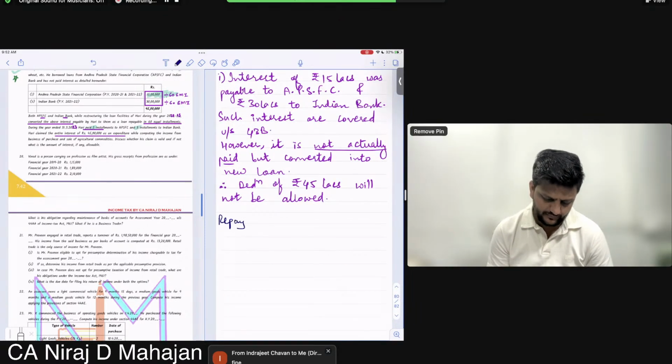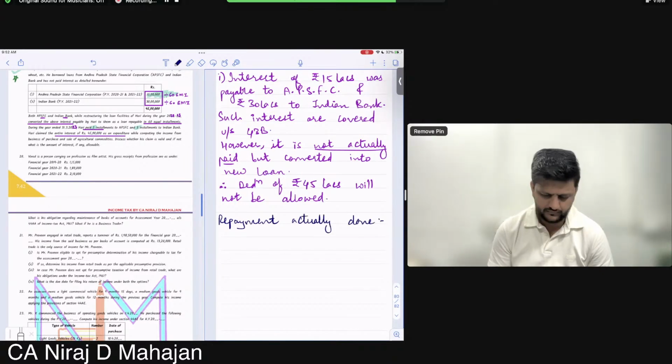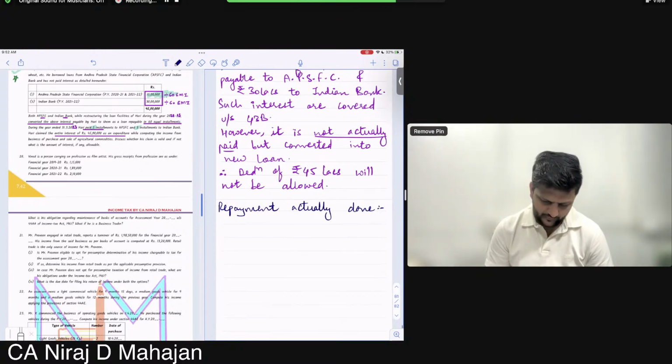Repayment actually done. First, Andhra Pradesh State Financial Corporation.